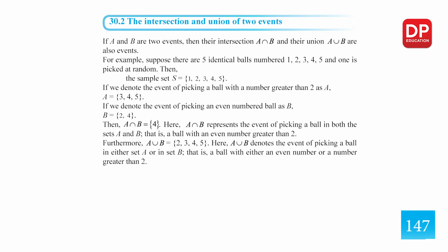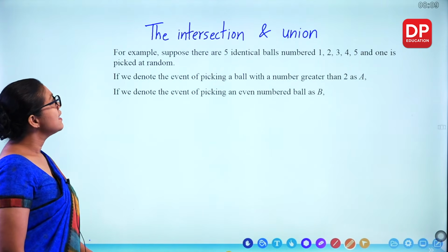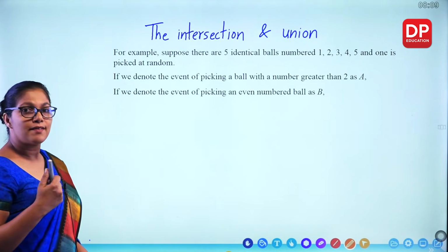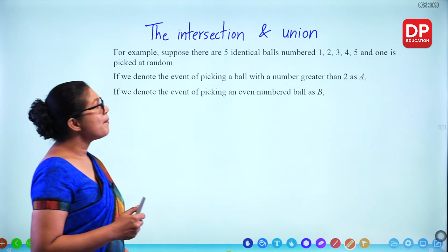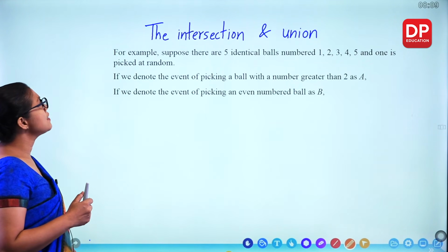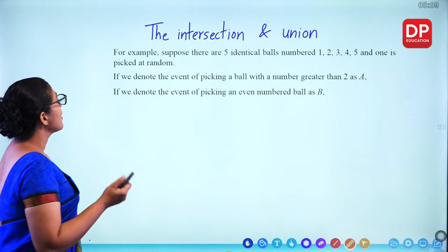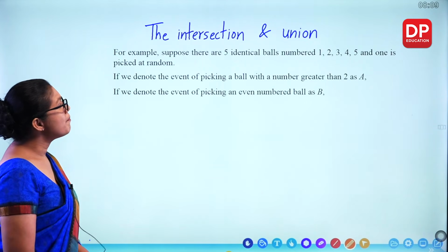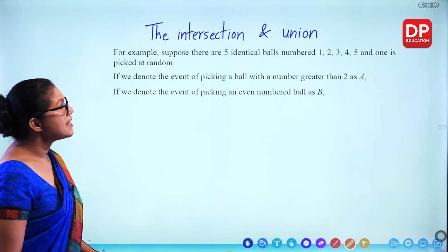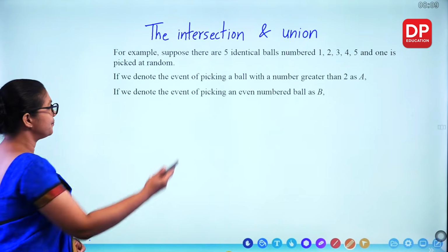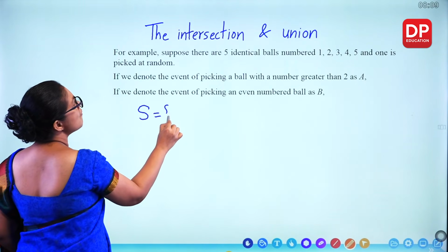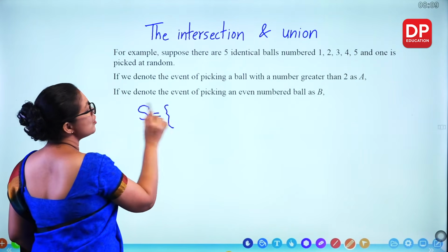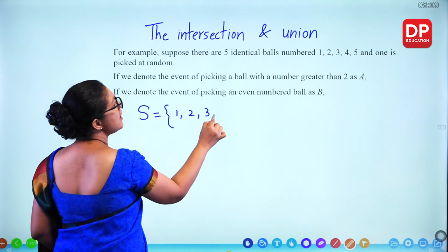Now we'll look at what the intersection and union are in probability. For that, we'll take this example. There are 5 identical balls numbered 1 to 5 and 1 is picked at random. If we denote the event of picking a ball with a number greater than 2 as A, what's the sample space here? 5 identical balls numbered 1, 2, 3, 4, 5.